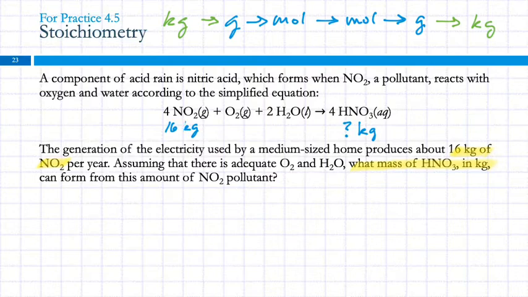So we're going to answer a slightly different question, and then we'll deal with that. So we're going to start with 16 grams of NO2 and find out how many grams of HNO3. Okay? So 16 grams of NO2, and I'm going to convert that to moles of NO2, grams to moles, and then I'm going to go to moles of what?